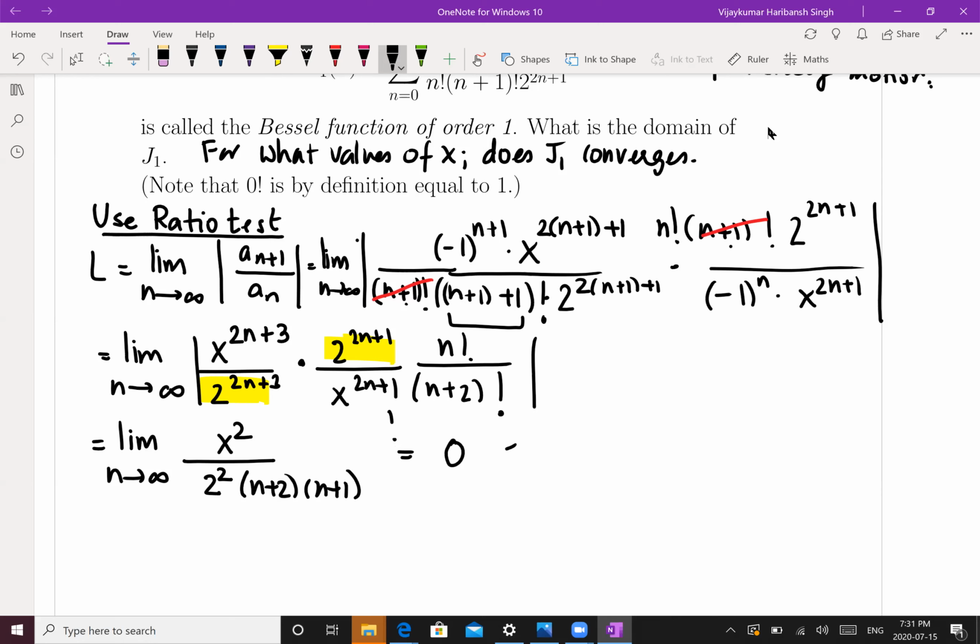And notice that this is always less than 1 for all x belonging to R. That means, in other words, all x give convergence, right?